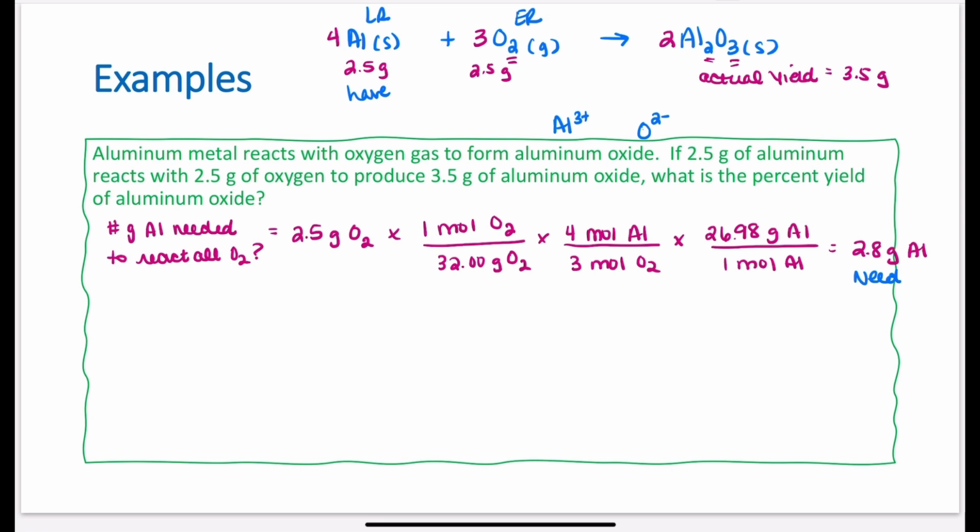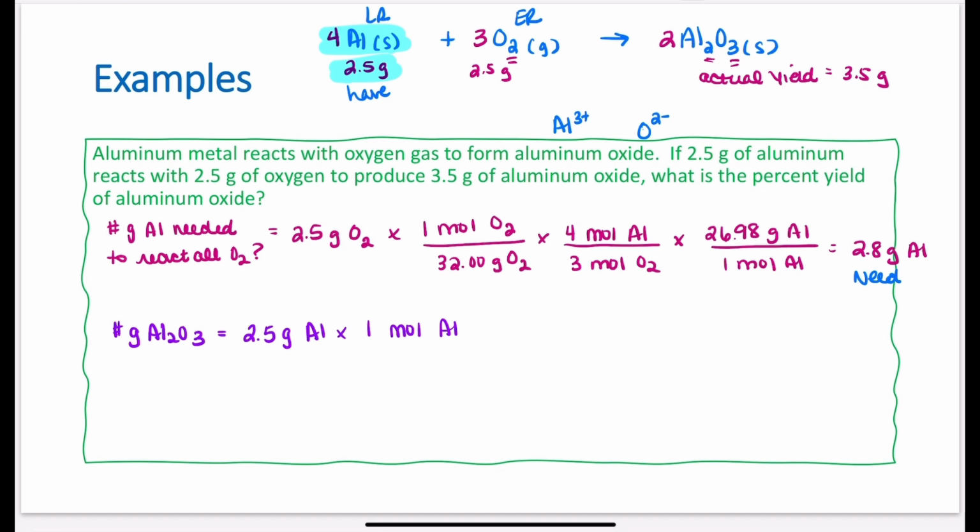But now I know what value I can use to go ahead and figure out my theoretical yield. I need to use my aluminum to figure out my theoretical yield because that's going to limit how much product I can actually make. So the amount of grams of aluminum oxide produced will be controlled by the 2.5 grams of aluminum reacting.